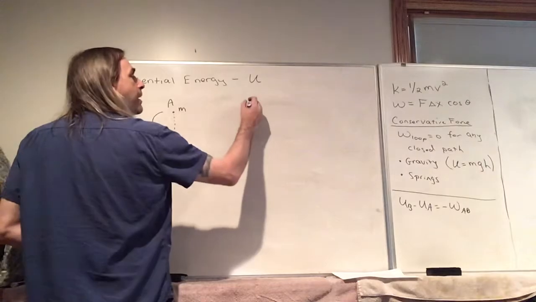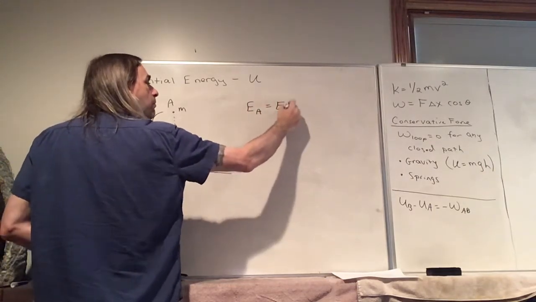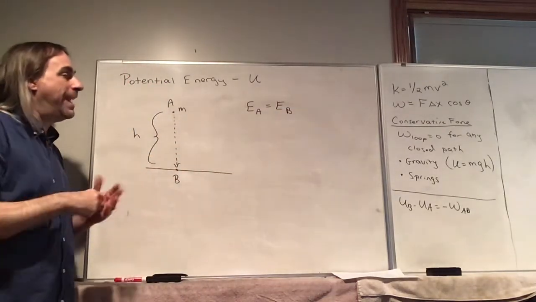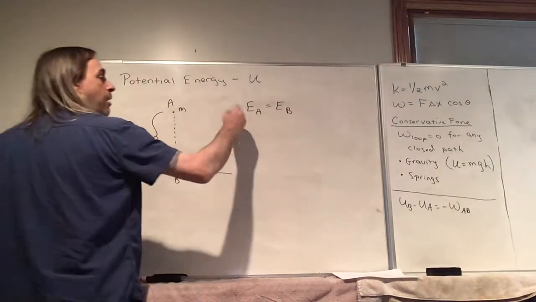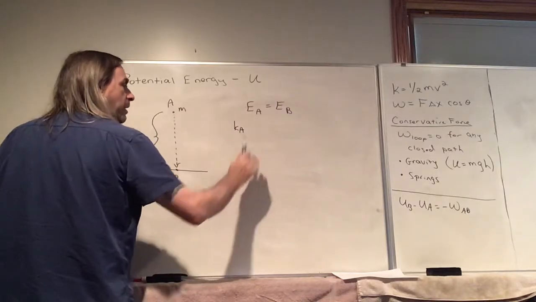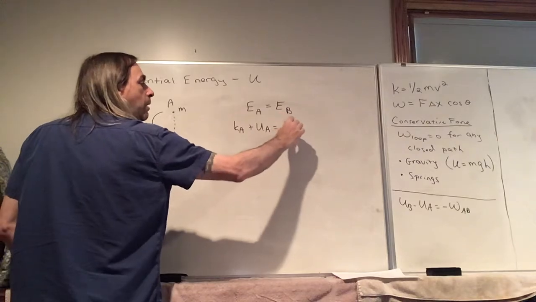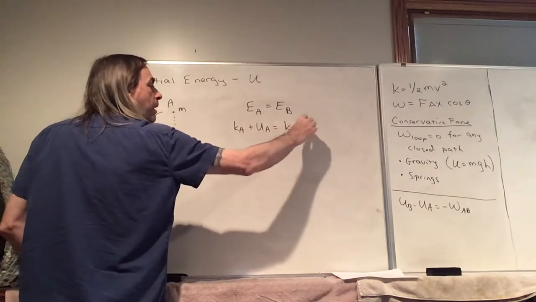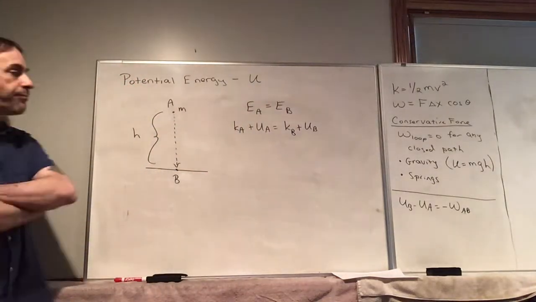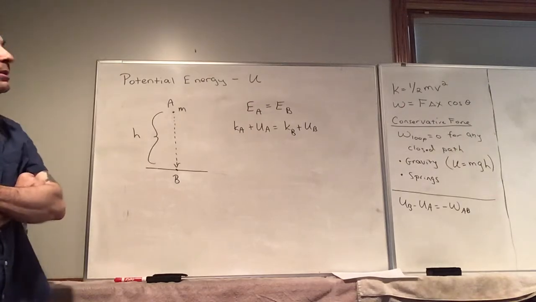So I'm going to write that as an equation. Energy at A equals energy at B. And again, we're only dealing with mechanical energy. So I'm going to write this all out even though we don't really need to. So kinetic energy at A plus potential energy at A equals kinetic energy at B plus potential energy at B. Now, in this case, we're just dropping an object from rest.